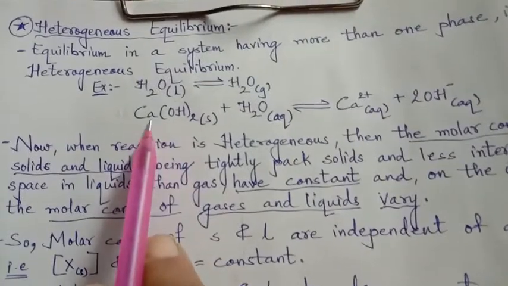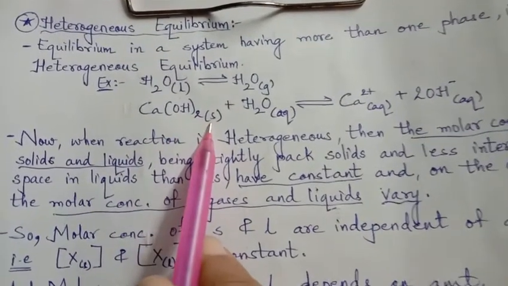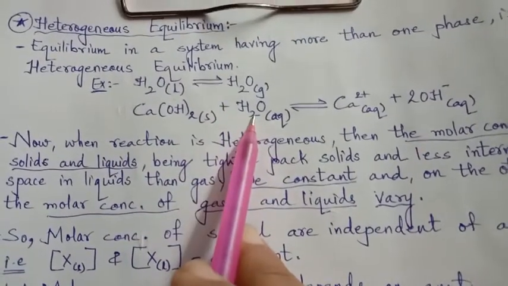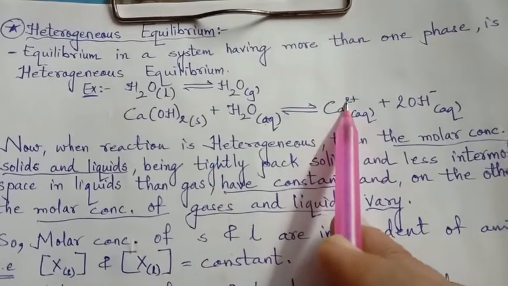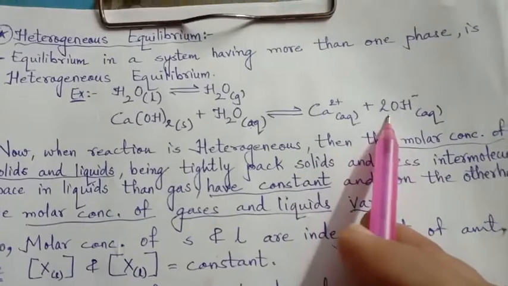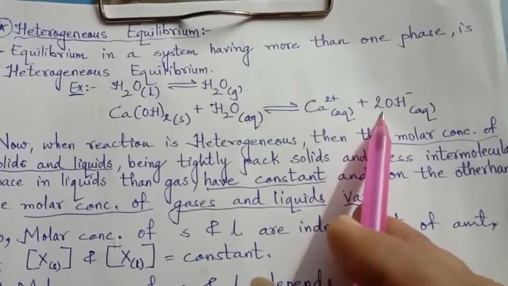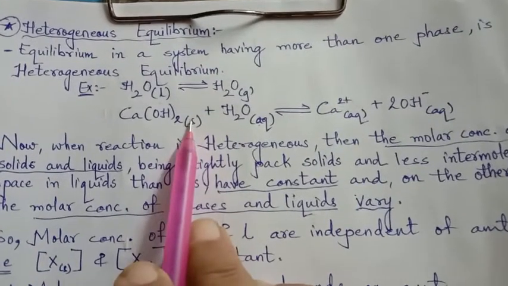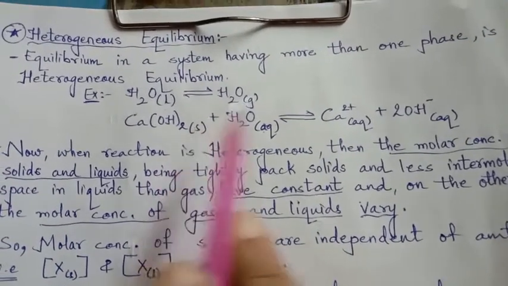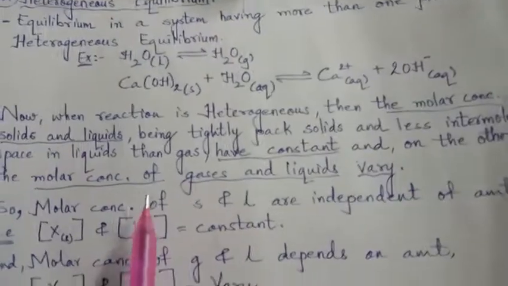One more example: calcium hydroxide in solid form reacts with water, aqueous, and gives calcium plus 2, aqueous, and 2OH minus, that is hydroxide, aqueous. Here one of the reactants is solid and the products are both aqueous.